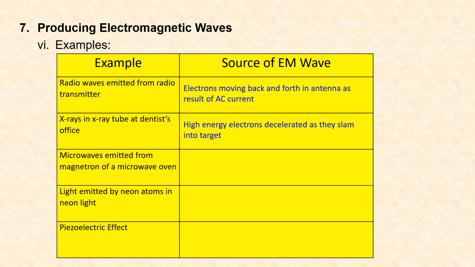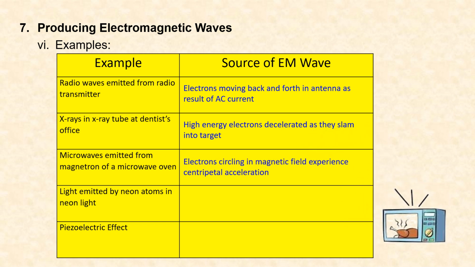When you open up your microwave and put in food containing water to heat it up, what's going on there? Well, your microwave contains a device called a magnetron. In the magnetron, you end up with electrons that are forced to move in circles under the action of a magnetic field.